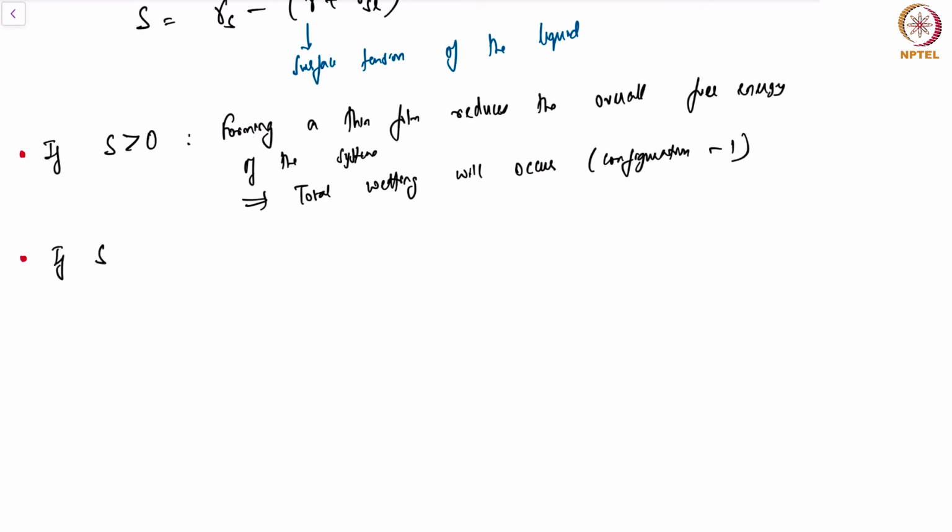if S is less than 0, then formation of a thin film is not favorable. Therefore, you will have partial wetting. This is configuration 2, right?